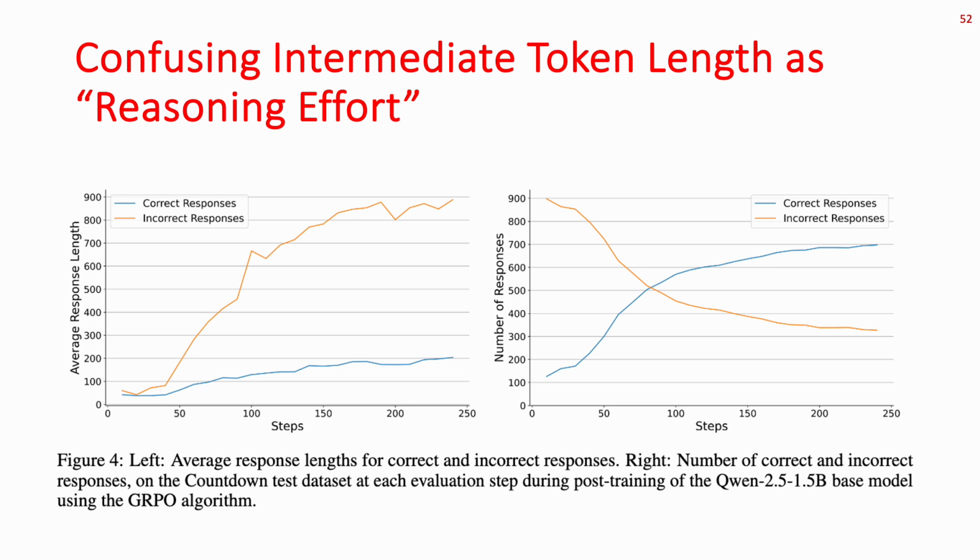This can be seen here. They normally just look at the average length of the intermediate tokens over both correct and incorrect traces. But if you split them into correct traces and incorrect traces, for the correct traces the intermediate token length doesn't increase. On the other hand, for the incorrect traces, it keeps increasing. So if you take the average, it increases. The reason this is happening is that the negative reward can be diluted over longer traces.